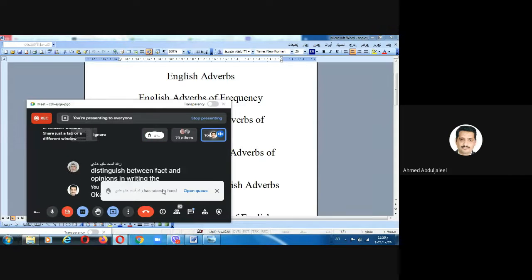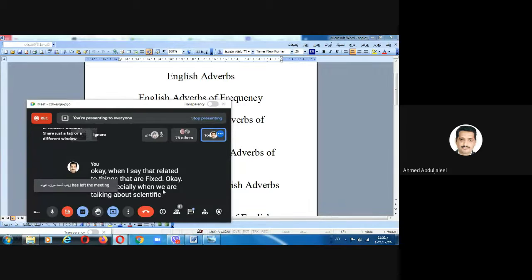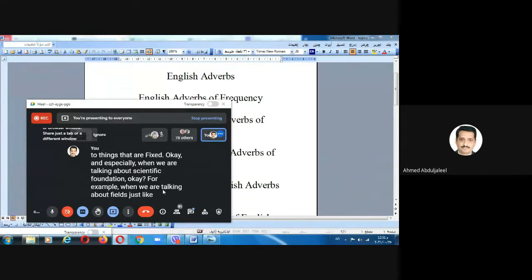Okay. When I say facts, facts are related to things that are fixed, especially when we are talking about scientific foundation. For example, when we are talking about fields like chemistry, or astronomy, or linguistics here, there are certain things that are to be considered as facts.